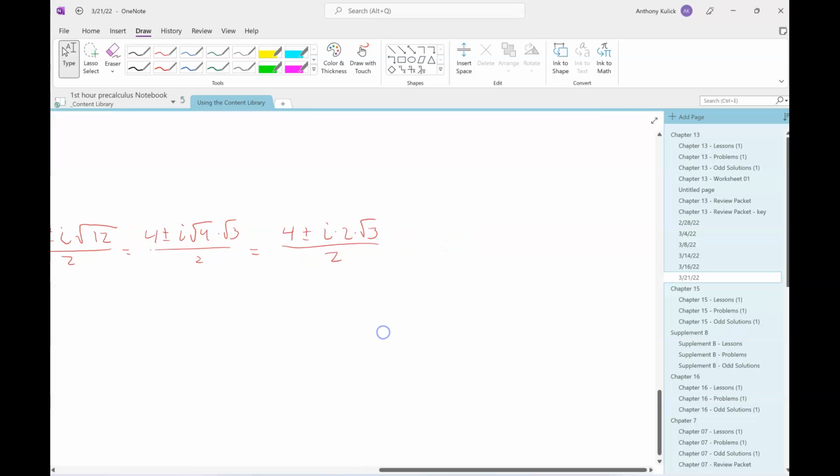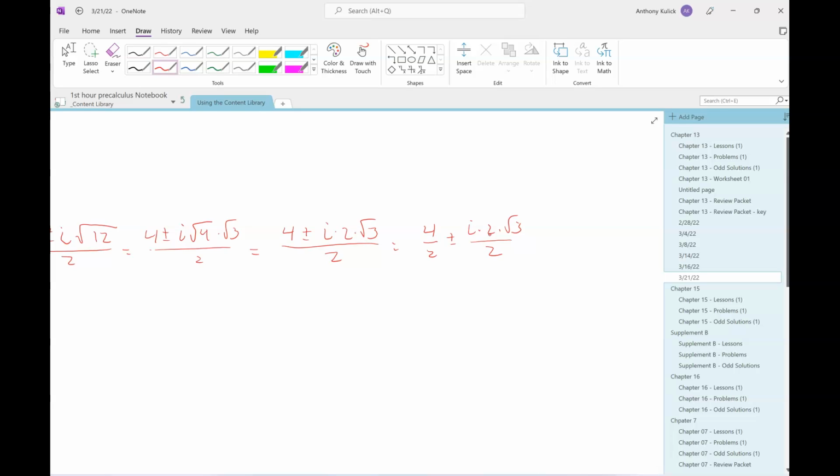And then I notice that I can reduce this fraction, right? So I'm going to break this fraction into 2 separate pieces, just with a common denominator. You guys see that? It's okay to do that with an addition or subtraction symbol, because that's how you add fractions: you make a common denominator with the 2 fractions to write them as a single fraction.